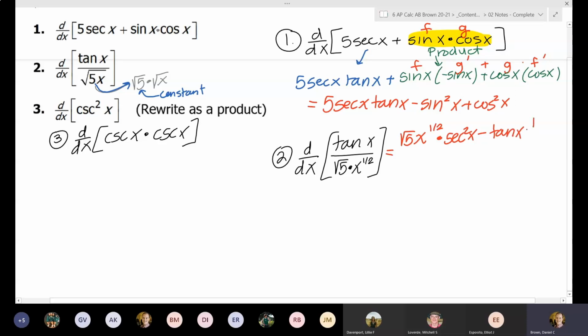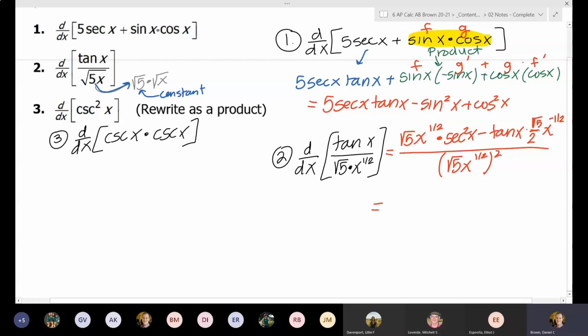I'm taking the derivative of that denominator now. So 1/2 comes down in front. The square root of 5 was already a coefficient there. And then the new exponent, 1/2 minus 1, is negative 1/2. And then that's all over the bottom part squared. So that's kind of like the ugly version of the answer. This one, it doesn't clean up too much.